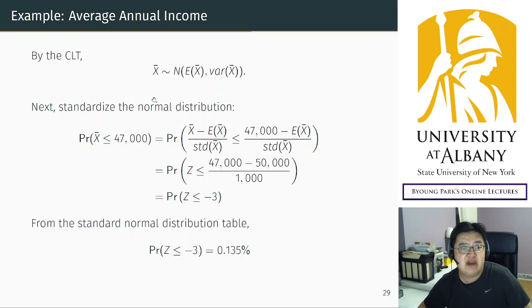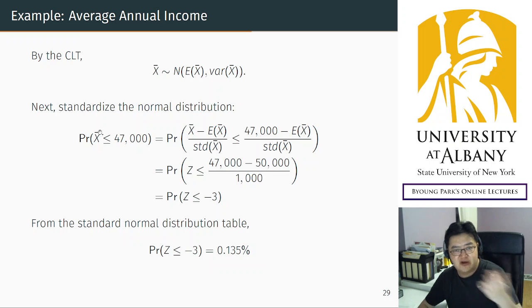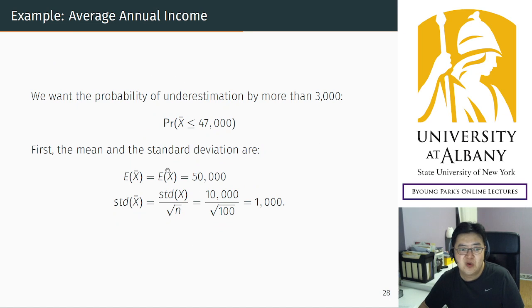Remember, we have to standardize. We are interested in the probability that x bar is smaller than $47,000. And from the central limit theorem, we know that x bar follows a normal distribution with these parameters, mean and standard deviation.